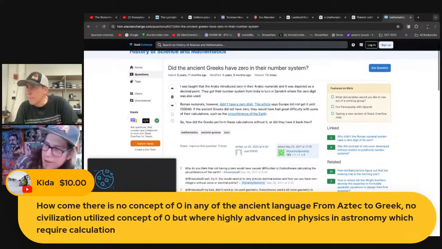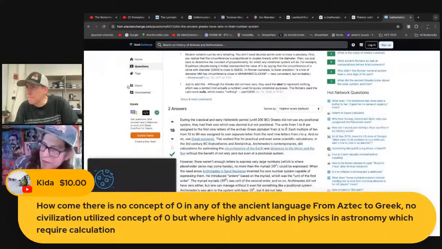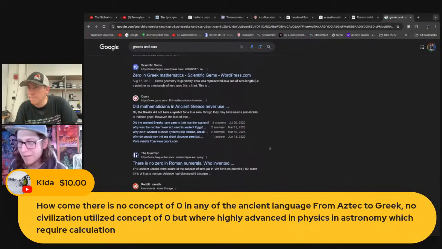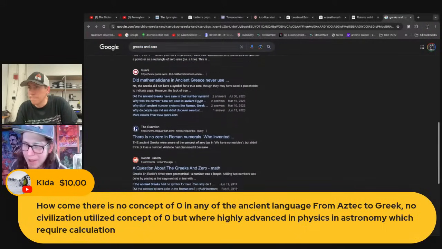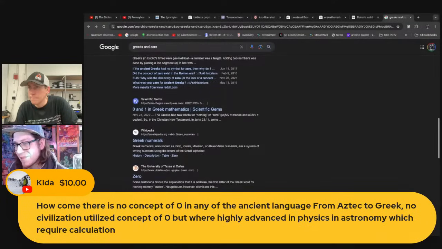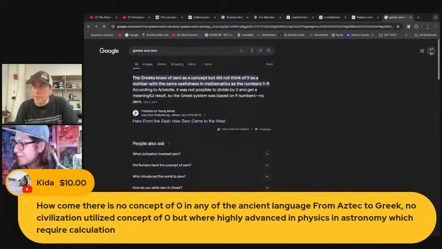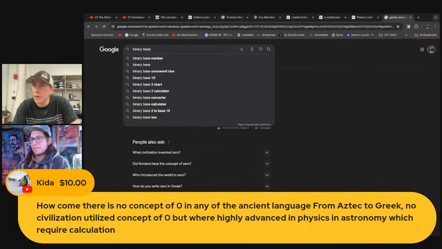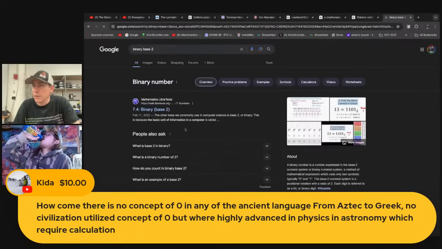Shiva the Destroyer says the Mayans invented zero. What fascinates me is the Babylonians and their base 12 system. Base number systems are just cool. So binary is base 2, you have zeros and ones.